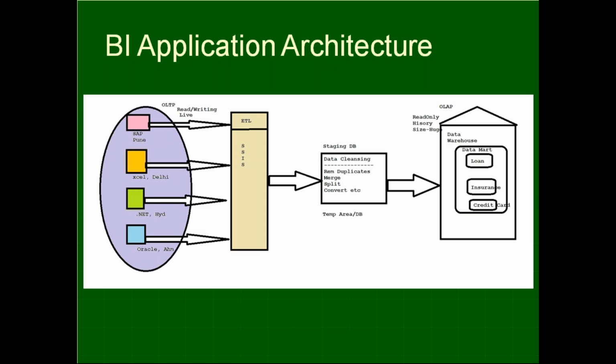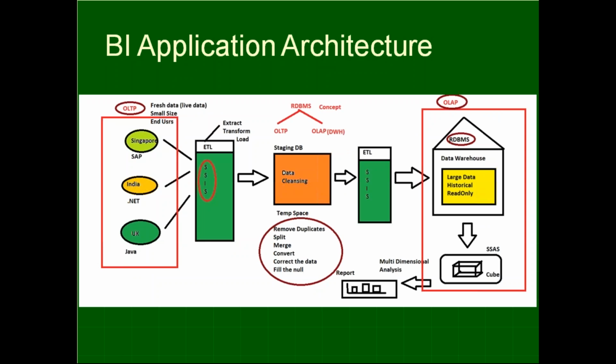But all this data is completely different from the insurance data, right? So this data is grouped together, and like that you will have different data grouped together. This is known as subject oriented data.